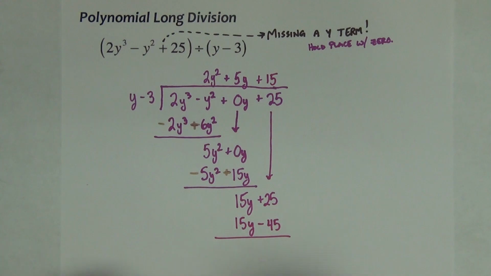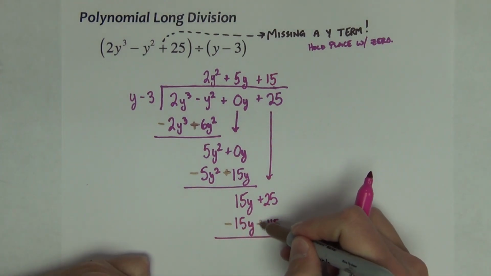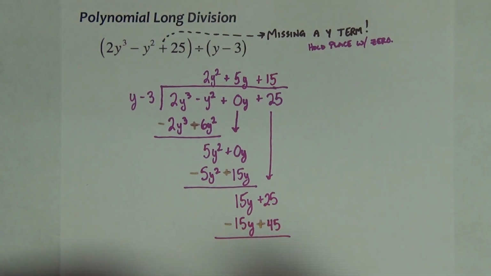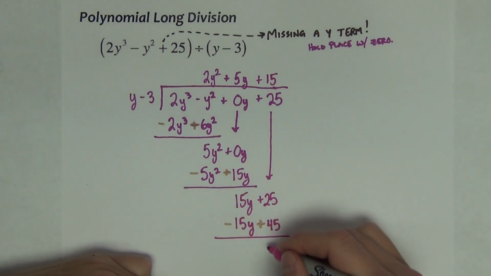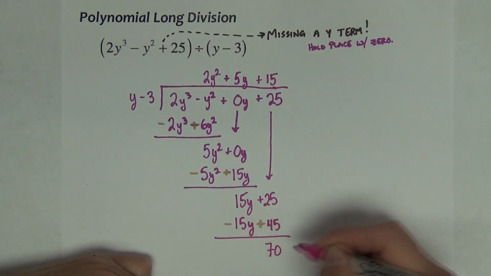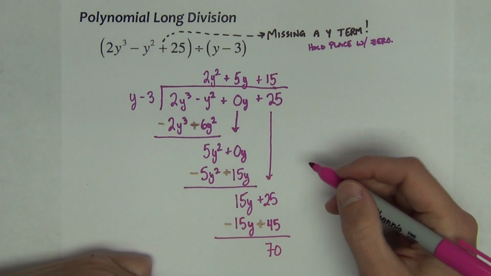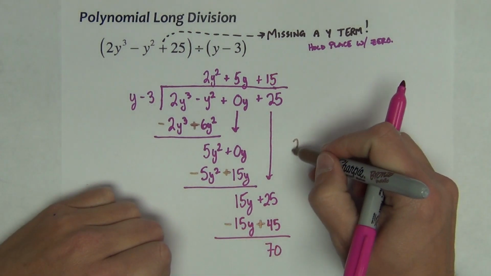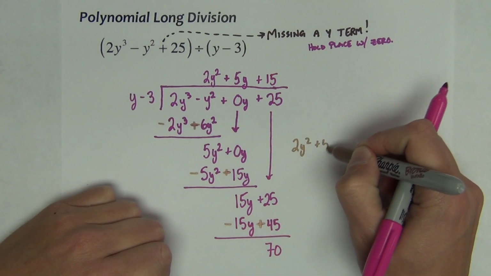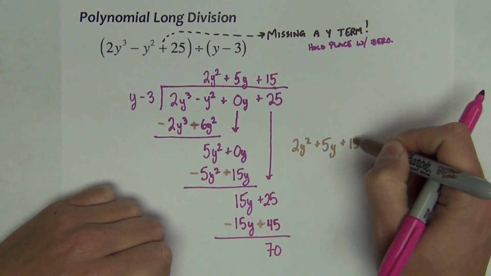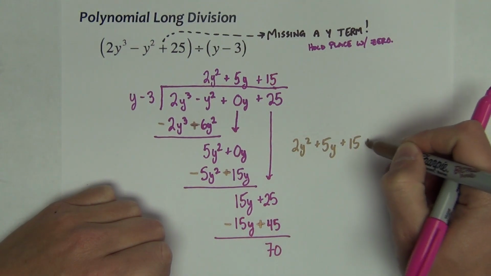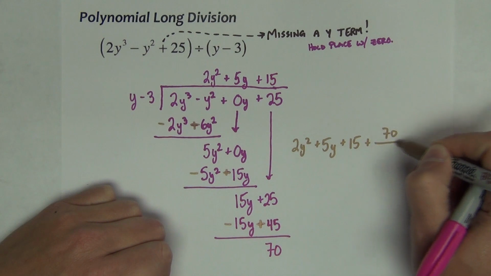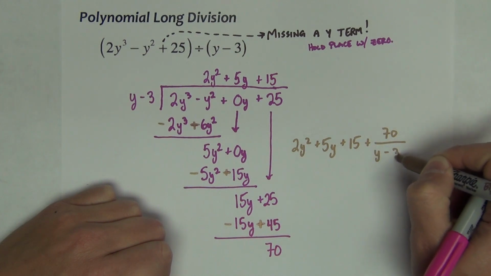And we subtract the negative, change to plus there. And so we get the y's to cancel, and we get a remainder of 70. So our answer is going to be 2y squared plus 5y plus 15. The remainder is positive, so plus the remainder 70 over the divisor y minus 3.